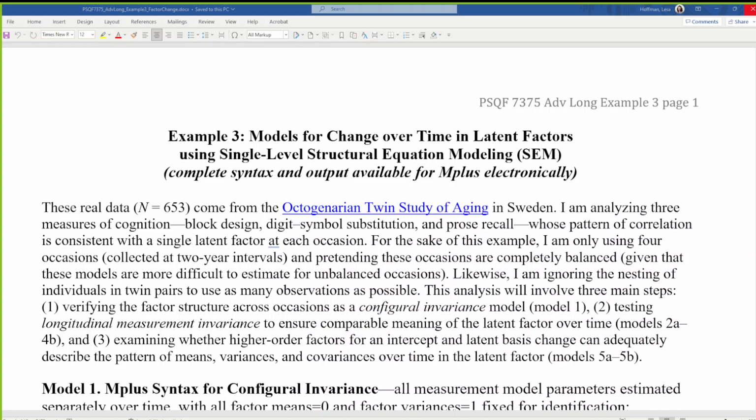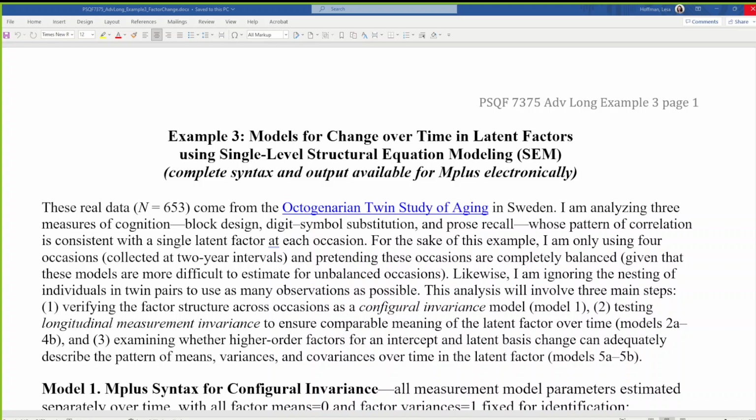I would say that this type of strategy of using a latent variable, building a measurement model for it, and focusing your analyses at the latent variable level can also be used in situations where you accidentally didn't give the same measures over time as well. So let's say that you forgot an item on your Qualtrics survey, or someone else used a 4-point scale and then you used a 5-point scale the next time.